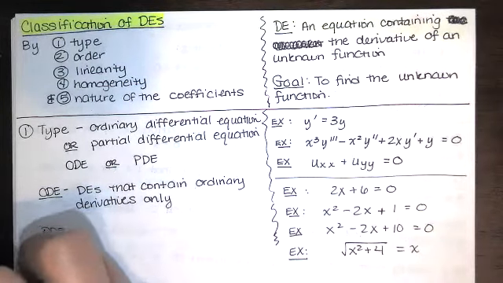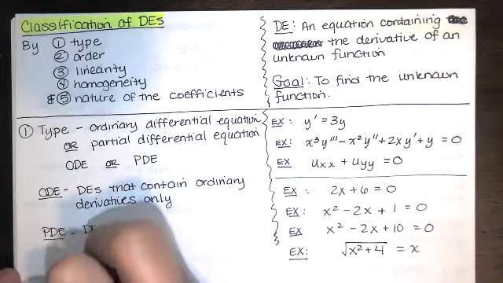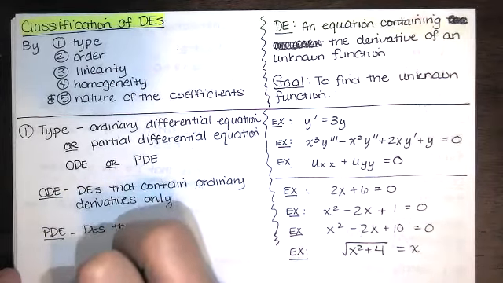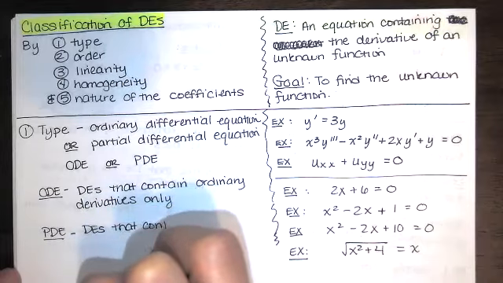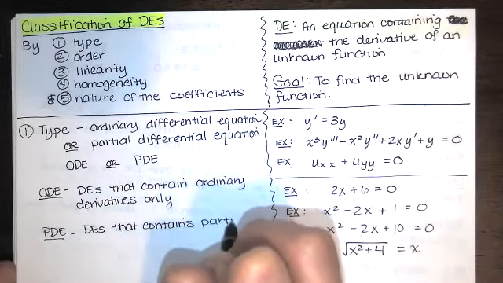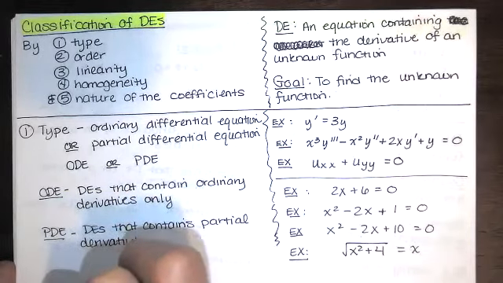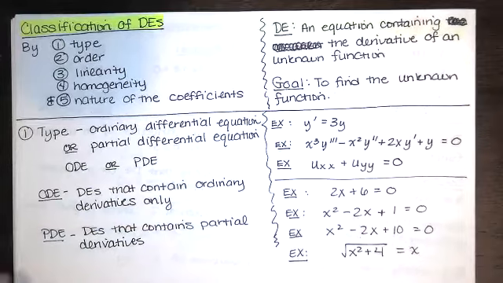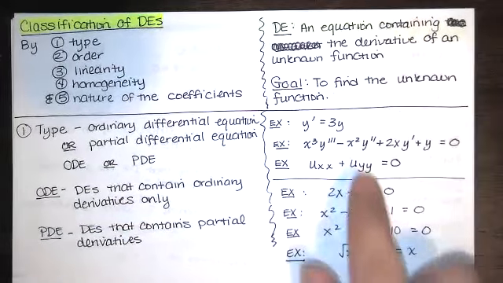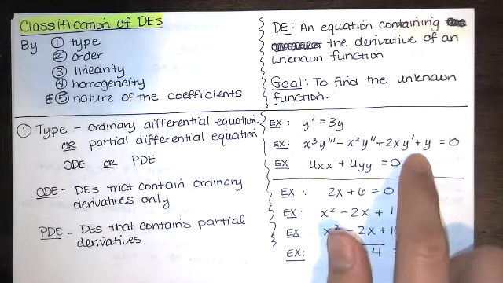A partial differential equation is a differential equation that contains partial derivatives of our unknown function. Okay, so this is an ordinary differential equation, and this is an ordinary differential equation.